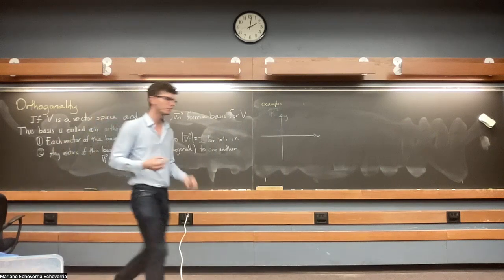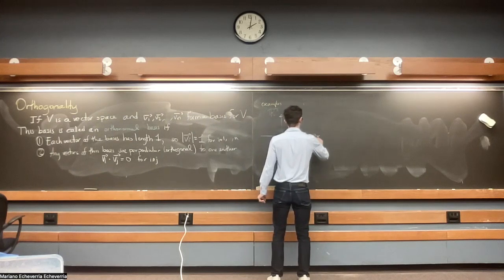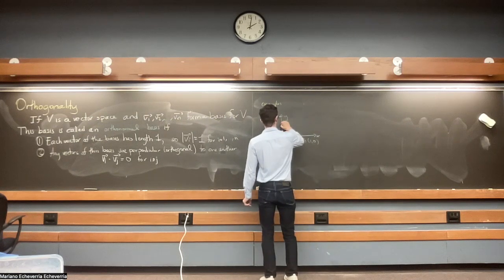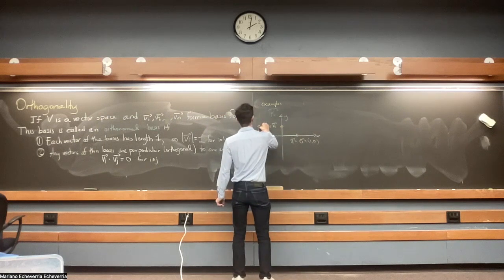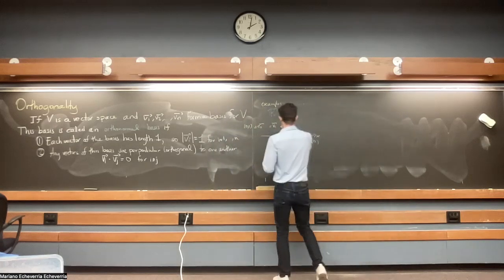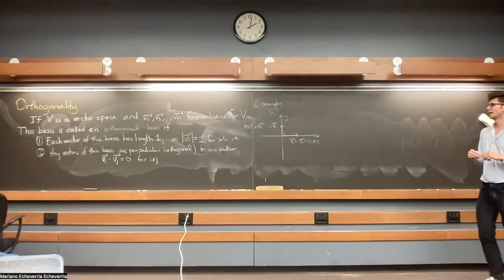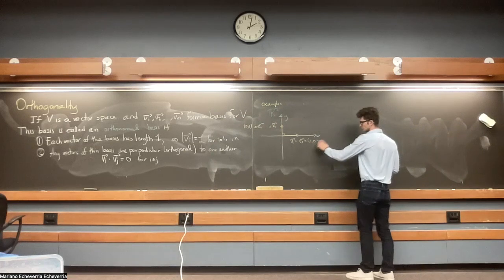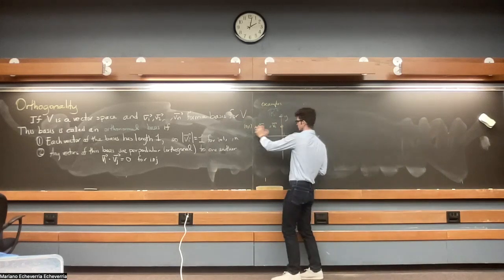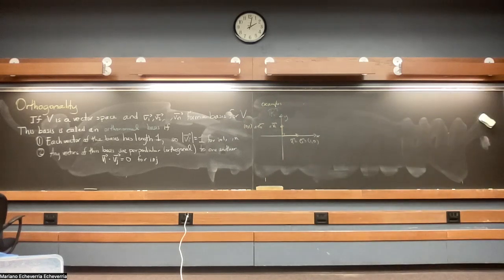If you take b1 to be e1, which is the vector (1, 0), and b2 to be e2, which is the vector (0, 1), well, each one has length 1. And their angle is 90 degrees, because one is along the x-axis and the other is along the y-axis.